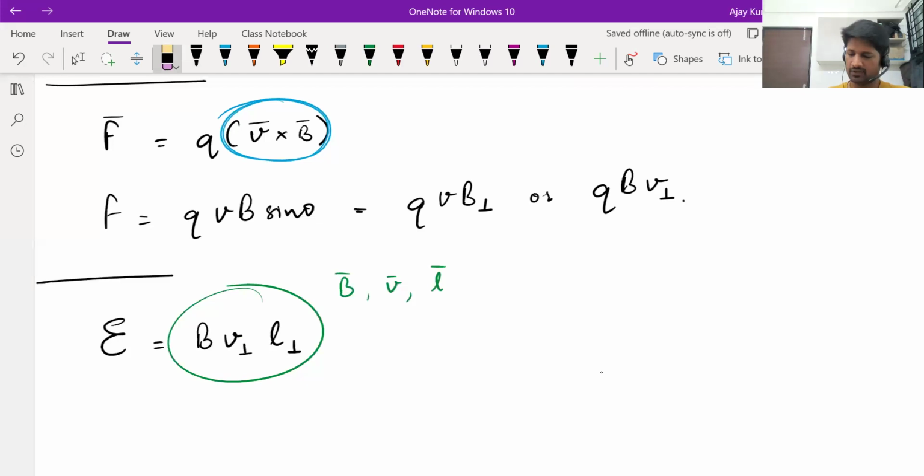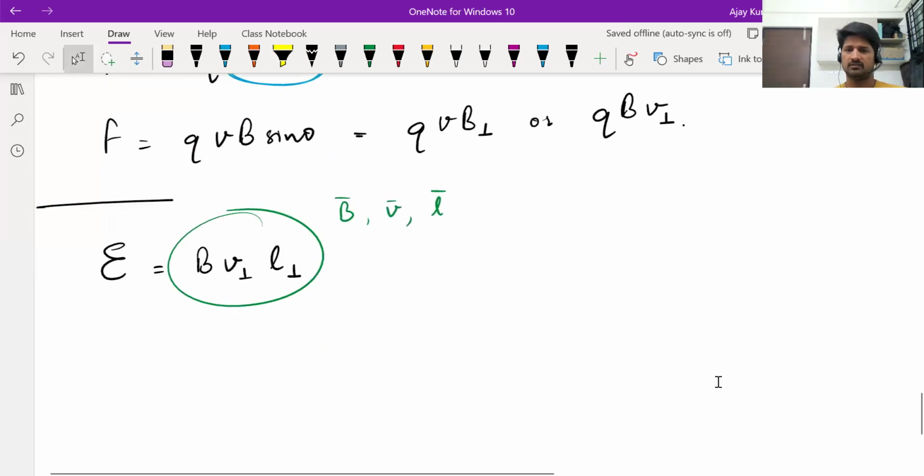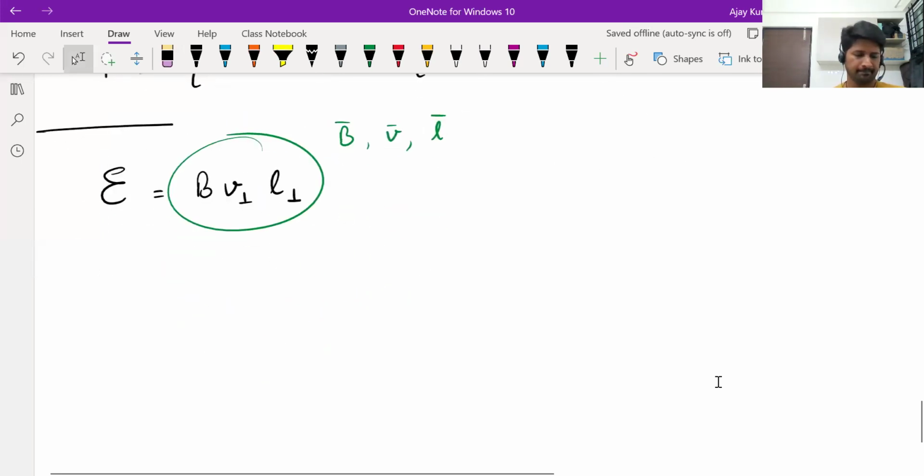And there is a mathematical way also to do this. Suppose you are given three vectors and you have to multiply their mutually perpendicular components. Do any of you know, have you studied vectors in 12th class? The mathematical way to multiply only the perpendicular components of three vectors.